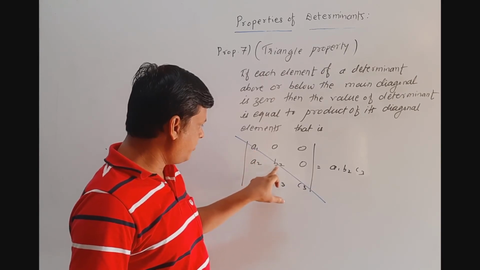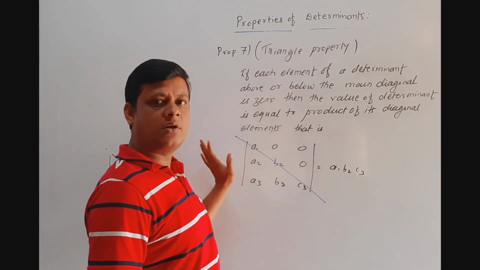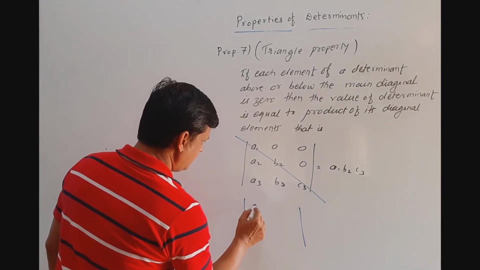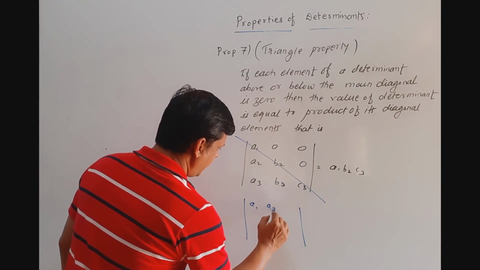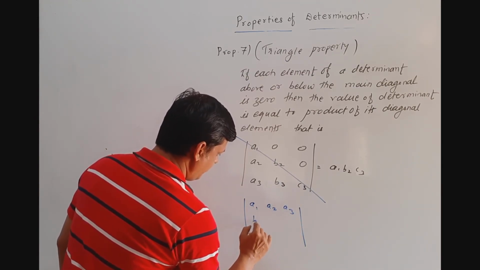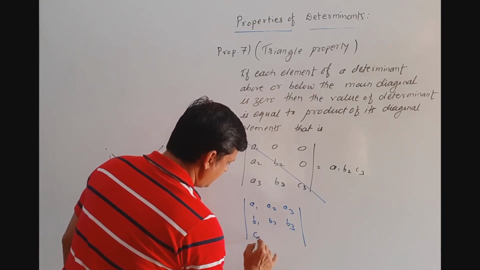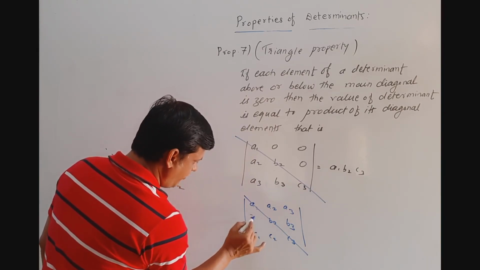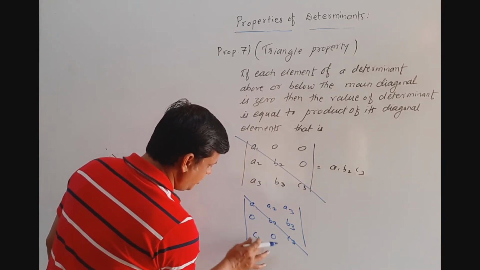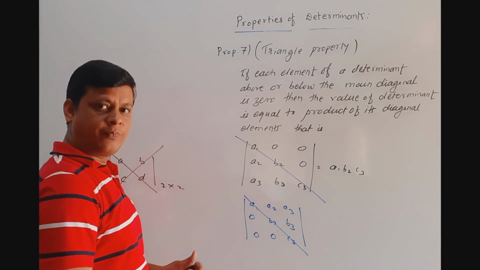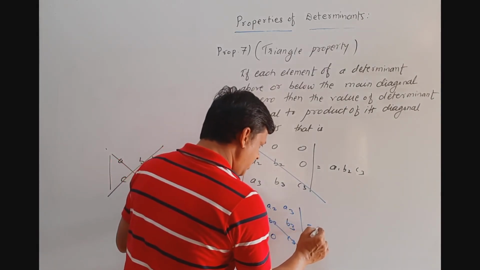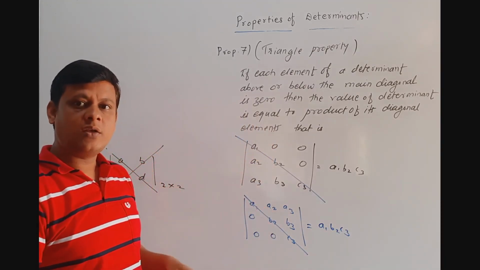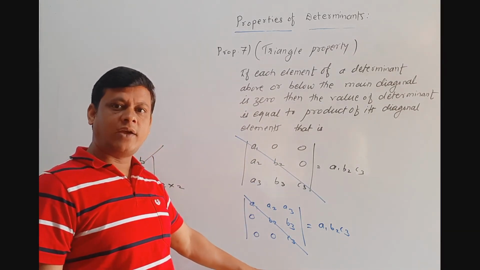That means A1 into B2 into C3 is the value of this determinant. Or if this determinant is like this, A1, A2, A3, B1, B2, B3, C1, C2, C3. If we consider this diagonal, and instead of B1 value is 0, instead of C2 value is 0, instead of C1 value is 0, then the value of this determinant is also A1 into B2 into C3. That means product of the elements of the diagonal.